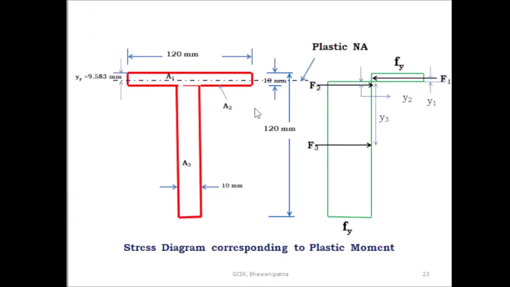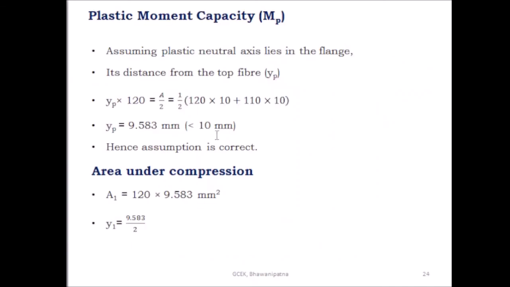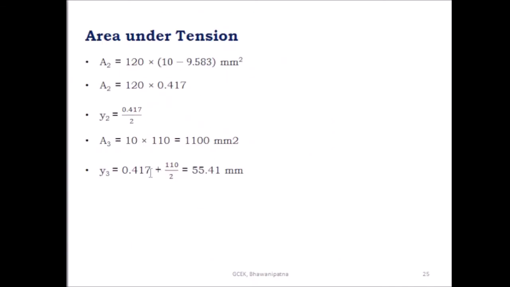Then Y3: here is the plastic neutral axis, so this distance is 0.417, and from this to this is 110 by 2, which is 55. So 55 plus 0.417 is equal to 55.41 mm.